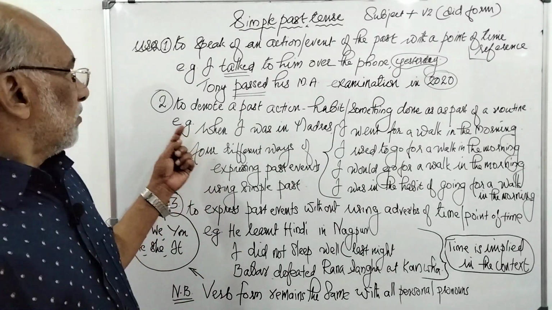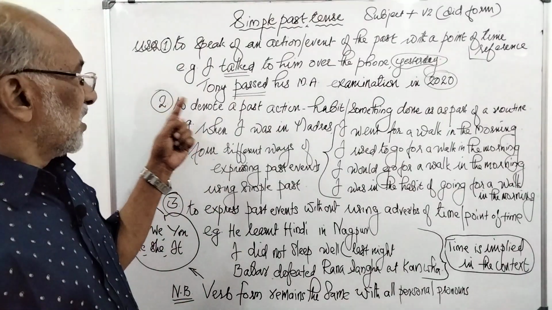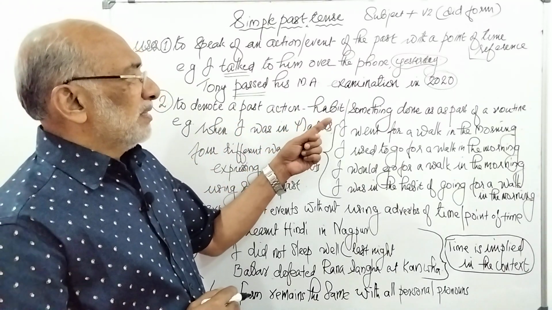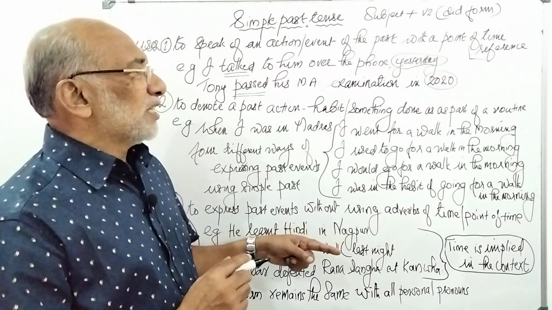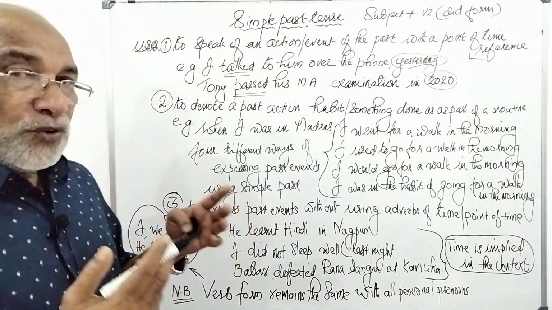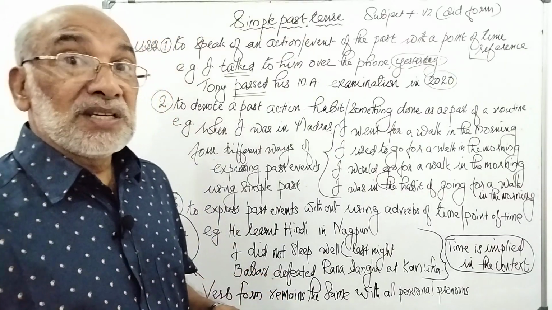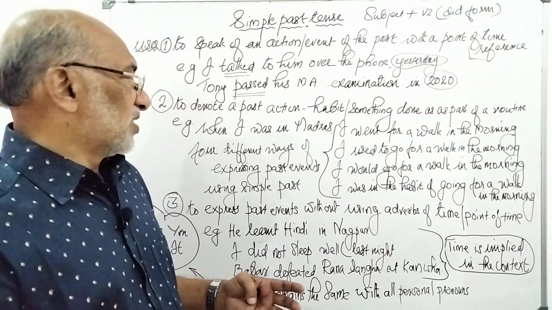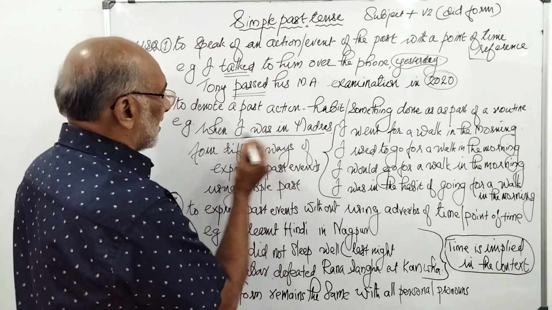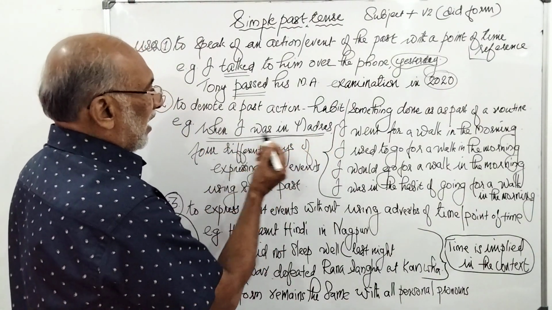And now coming to the second use, to denote a past action or a habit, something done as part of a routine. Here, we have four different ways of using a simple past tense. I have a common beginning here, that is, when I was in Madras.